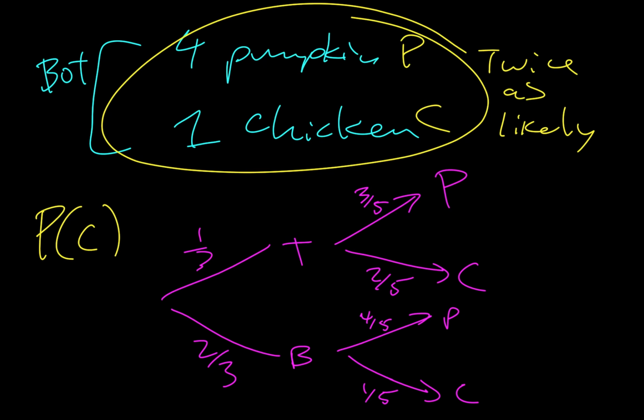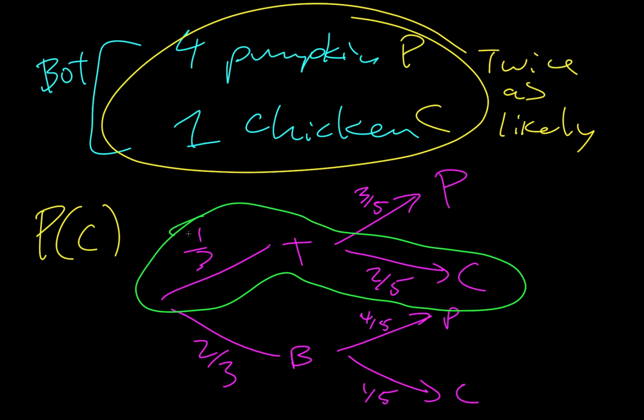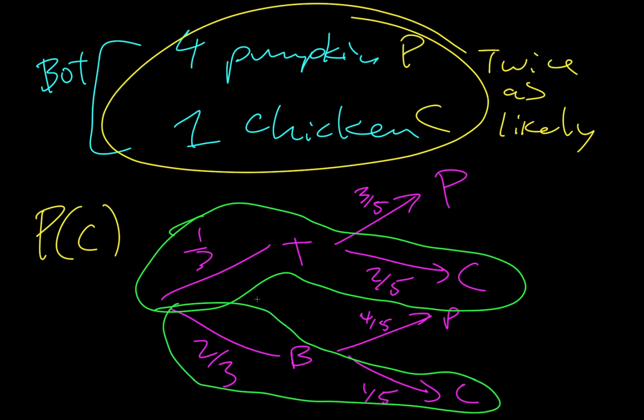So we could go this way, or we could go this way. Okay, so we have 1/3 times 2/5 for that one, and then we have 2/3 times 1/5.